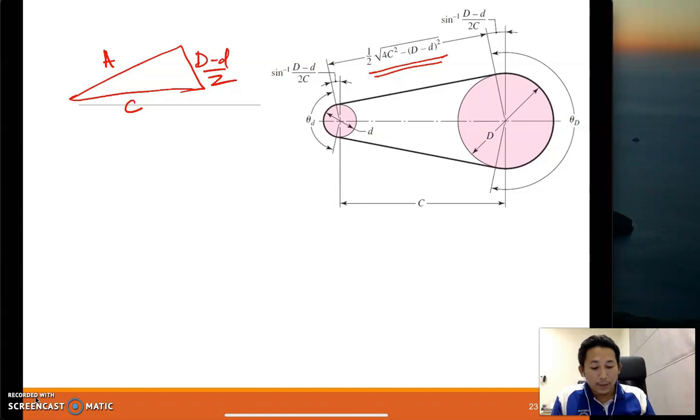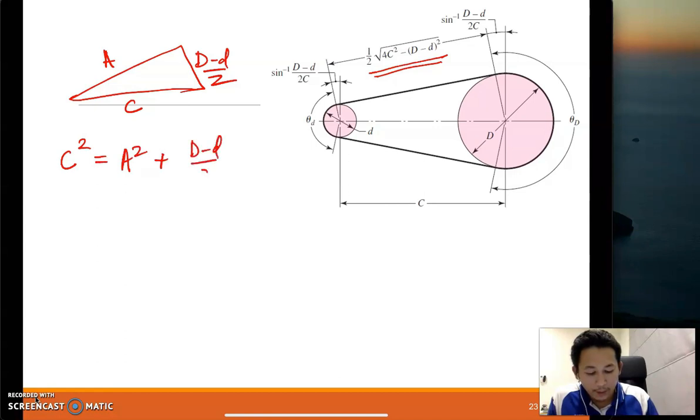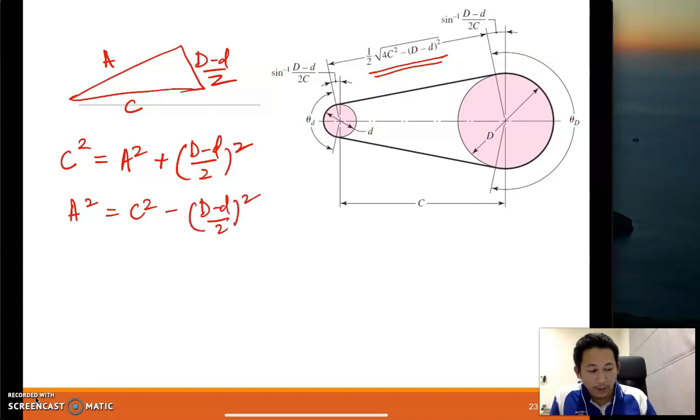For the triangle, C square is equal to A square plus D minus d over 2 square. Then A square equals C square minus D minus d over 2 square.